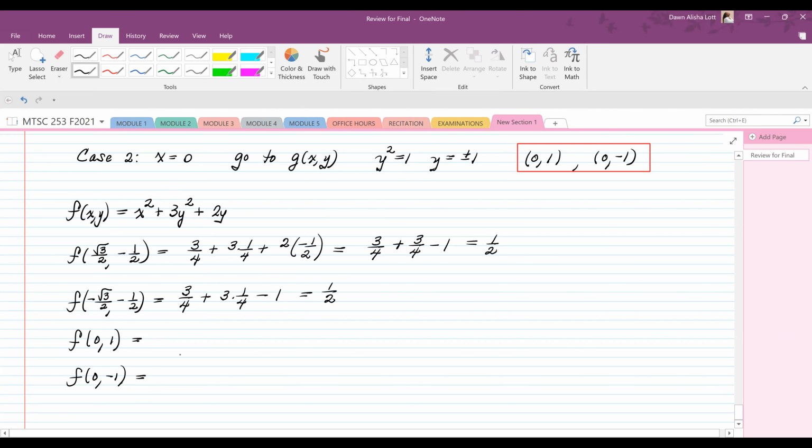Then for 0, 1, we get 3 plus 2, which is 5. And for 0, -1, 3 minus 2 is 1. So these two are the absolute mins, and then this one here is the absolute max.